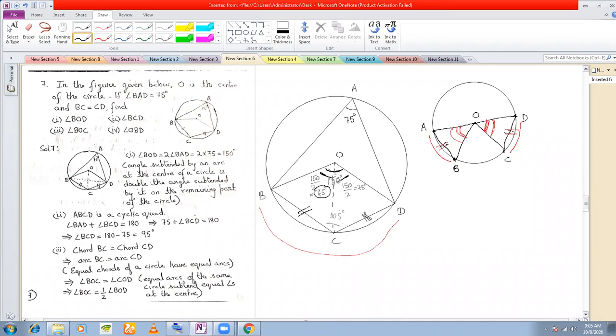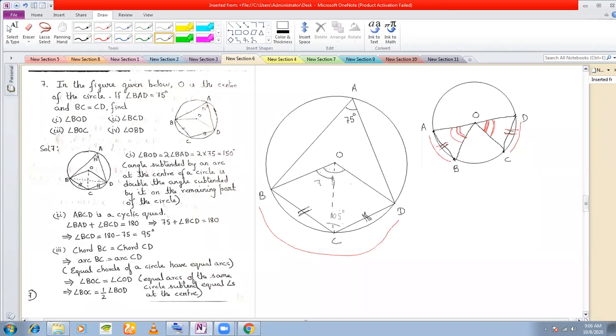Angle OBD. Which angle is it we are talking about? OBD. Fine. Let me erase all the marks and write what angles we have found already. So this entire angle we have found as 150 degrees.